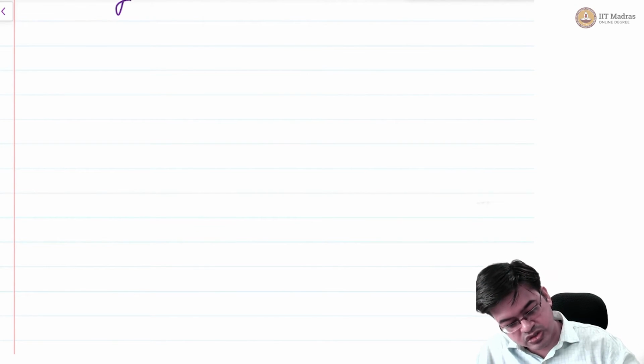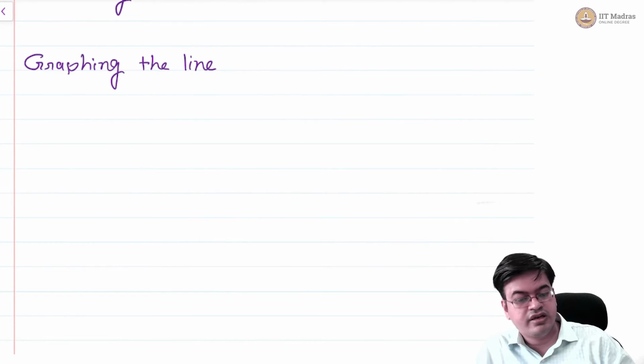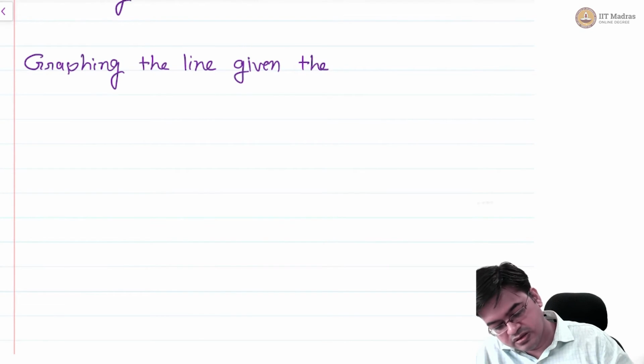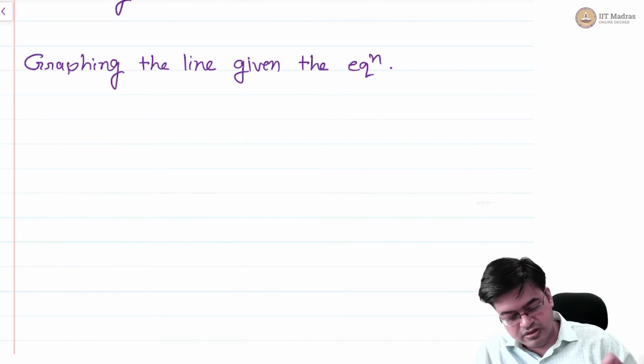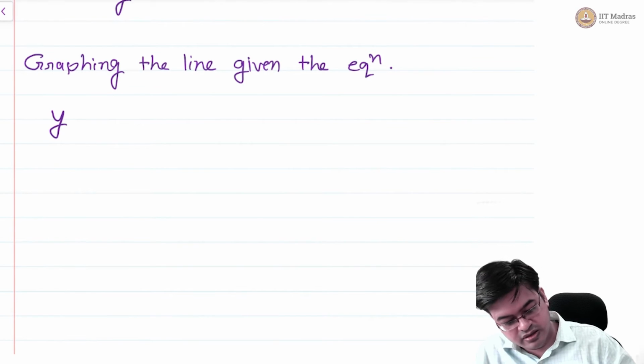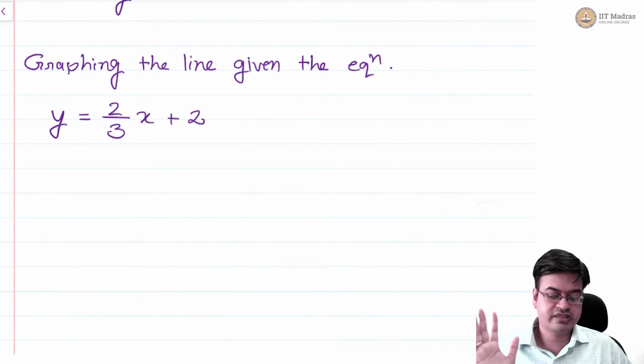So here is the question of graphing the line given the equation. Okay, so here is the equation of a line: y is equal to 2 by 3 x plus 2. Now you look at this equation.